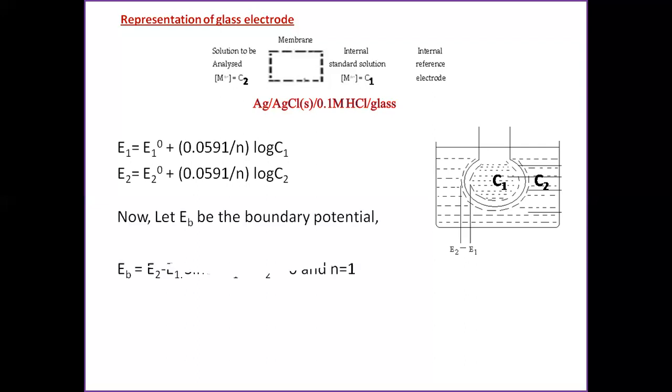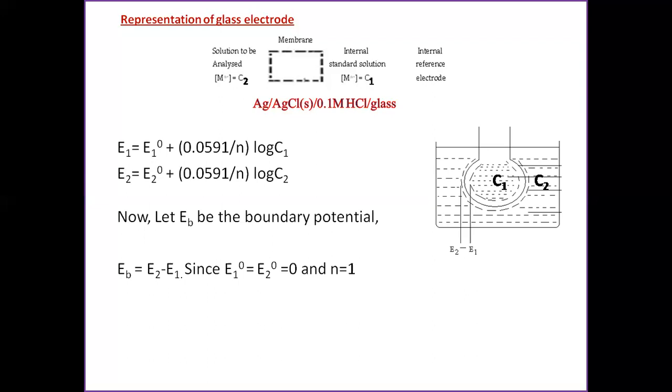The boundary potential is nothing but the difference between the potentials, written as EB is equal to E2 minus E1. One point to note here: E1 naught and E2 naught are standard hydrogen electrode potentials, that is, hydrogen electrode potential under standard conditions.